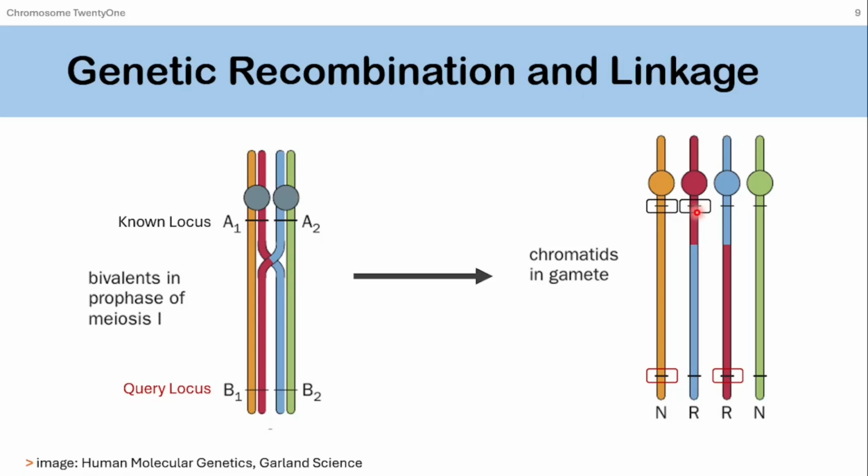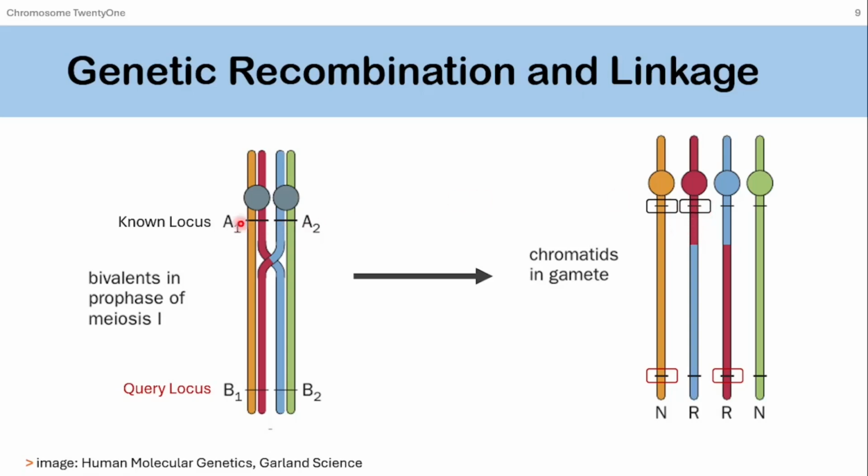So for a gamete to be called a recombinant, we have to have a recombination event between the query and the known locus of our interest. But if there is no recombination between the loci, then we cannot call it a recombinant.